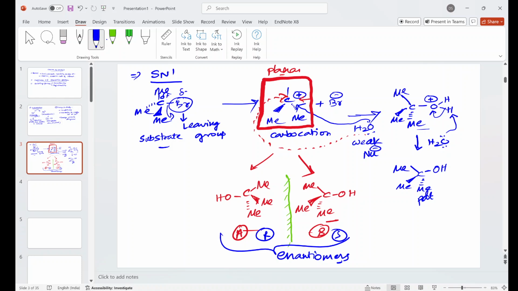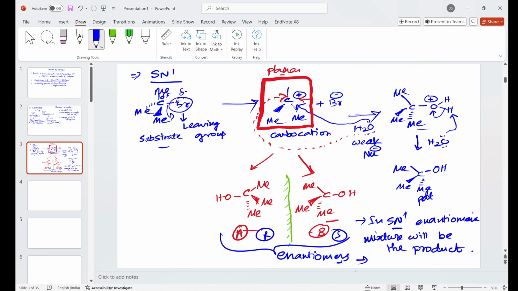Right? So what you will get in SN1 is an enantiomeric mixture as the product.